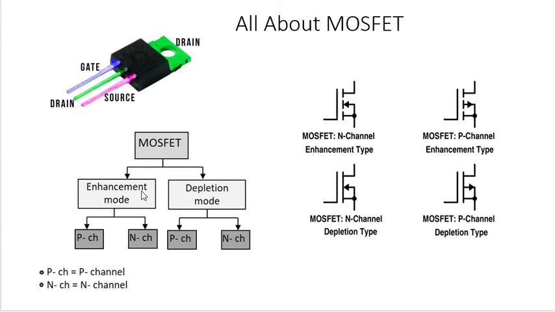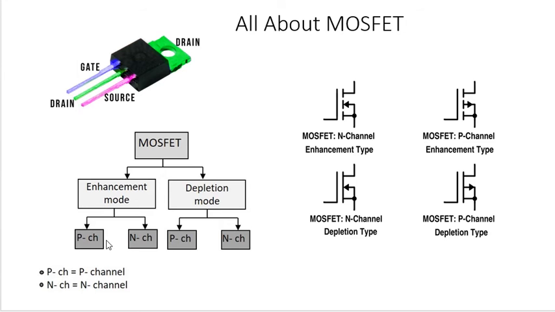The enhancement mode type of MOSFET is that MOSFET in which the channel is not present. You have to induce this channel by providing an external gate signal. But in case of a depletion mode MOSFET, the channel is already present. You have to remove this channel to turn the MOSFET off.